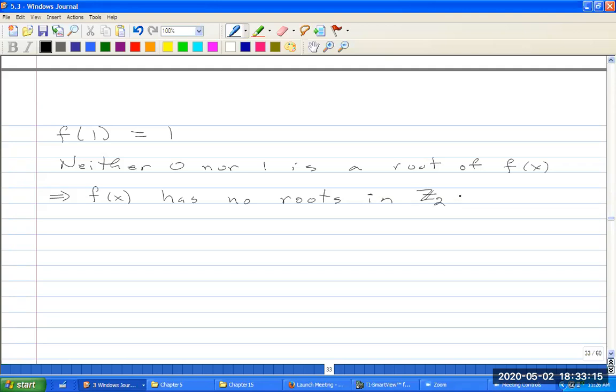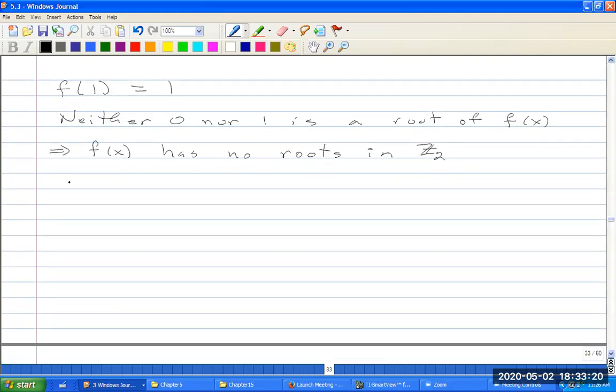Now, since f is a cubic, if f factors, f of x must have a linear factor.